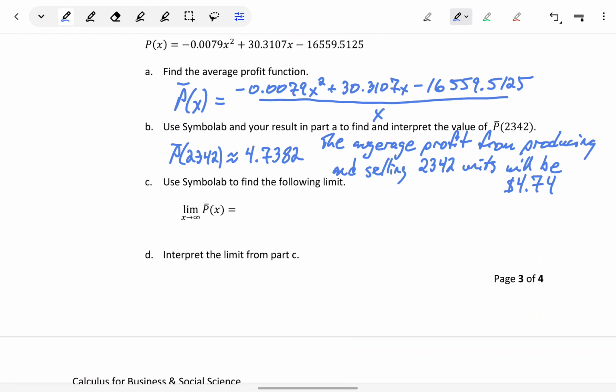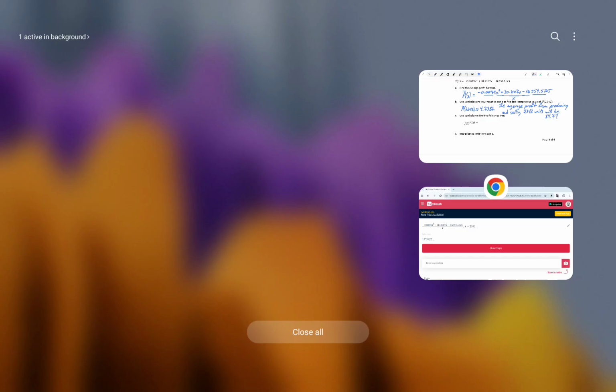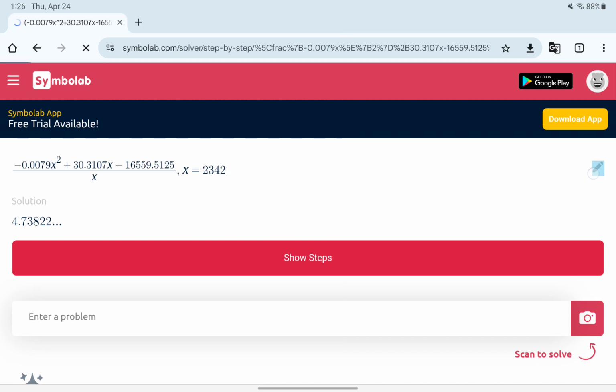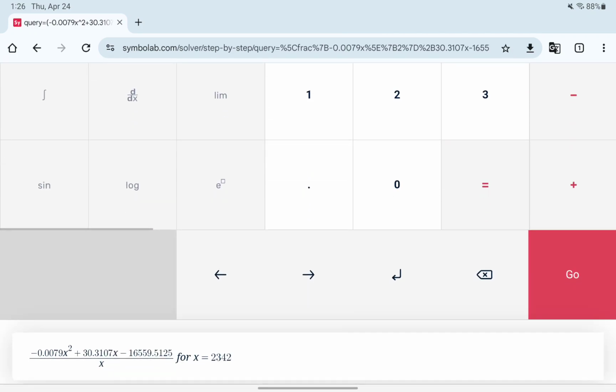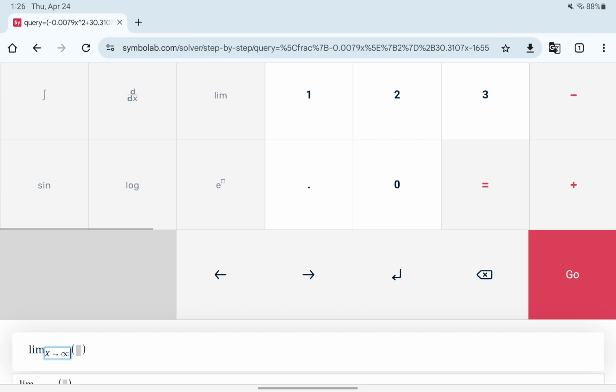In part C, now we're asked to do some calculus. We want to find the limit of this expression as x approaches infinity. Now we'll use this math palette to access that LIM, the limit notation. It's going to go ahead and plug in the limit as x approaches infinity. That's convenient because in this case that's what we want.